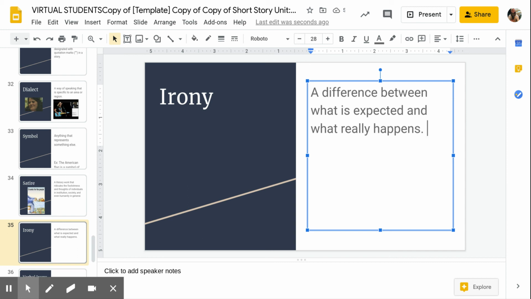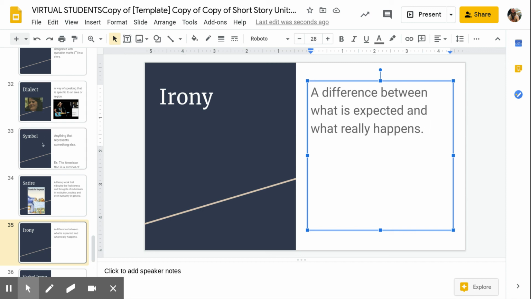If that's the case, then you're using ironic in the right context. Say you were imagining something bad happening and then something good happens, and in your mind you say, oh, that's really ironic. That's the definition of irony: the difference between what is expected and what really happens.